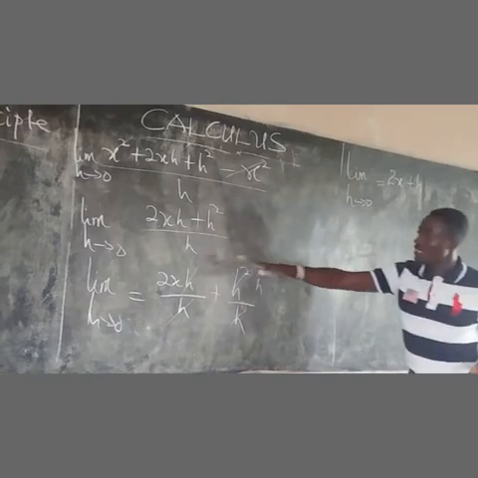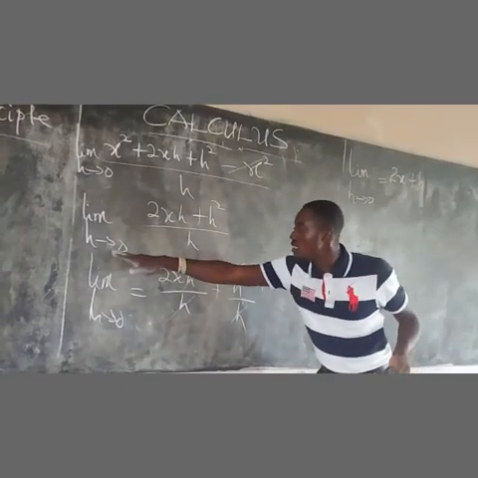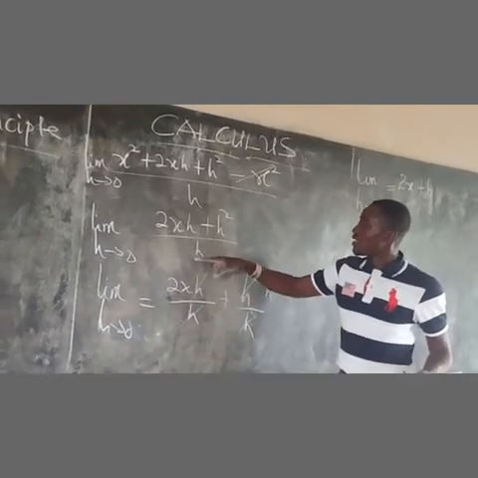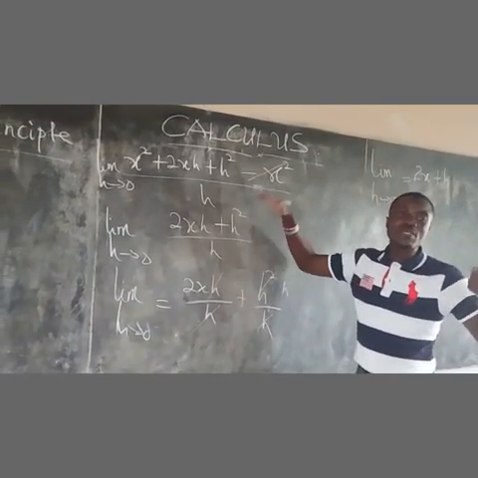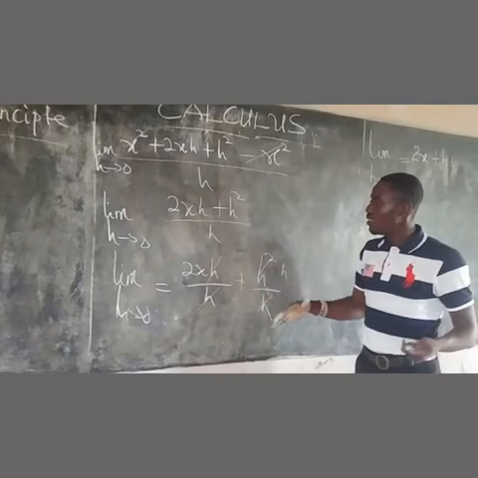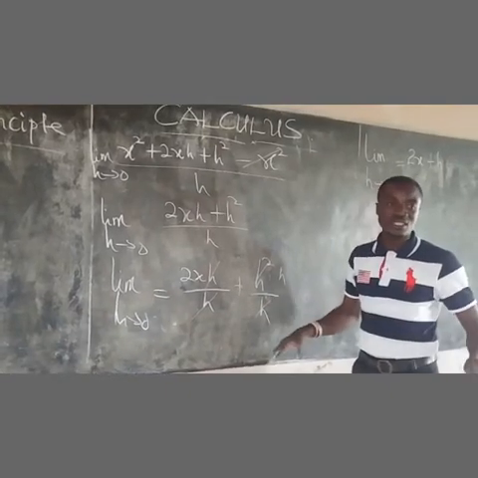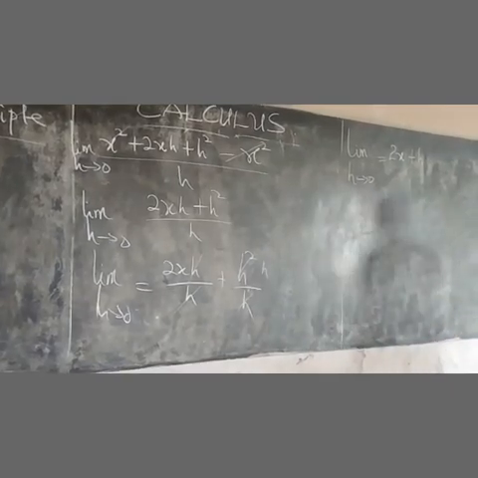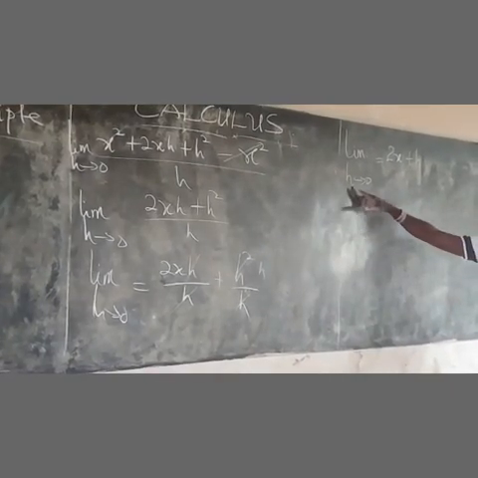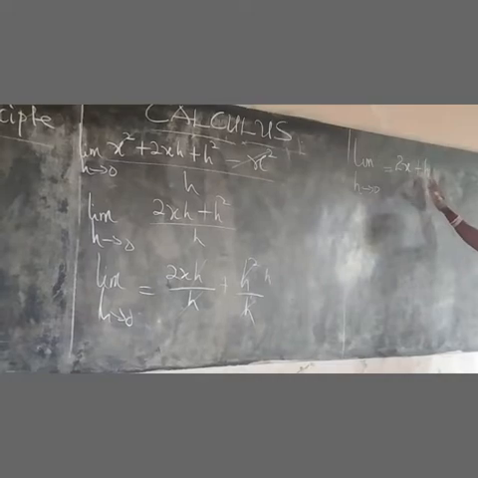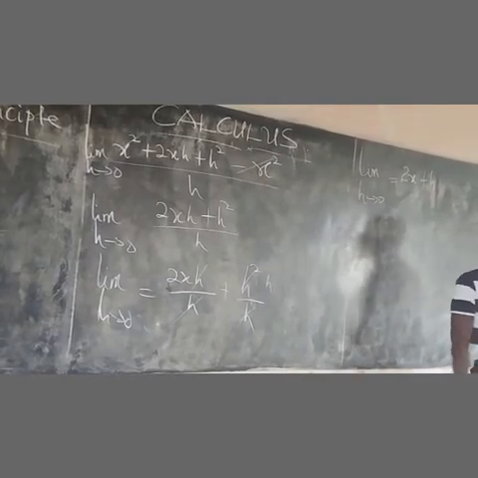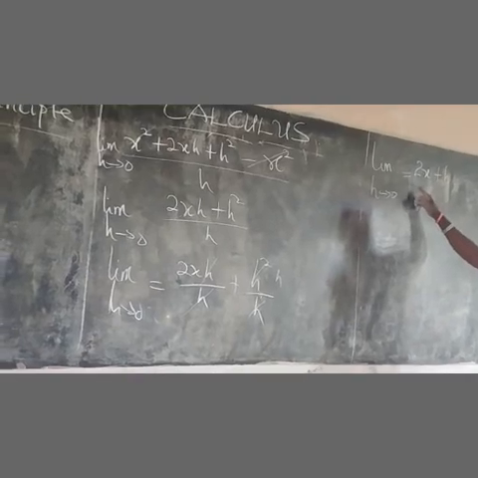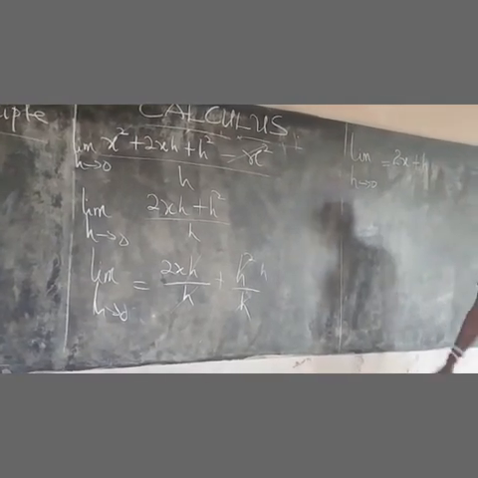But let's say that when we got here, we put h equal to 0 and the function was undefined. At that point, you have to continue to expand or decompose the function, break it down to the level that when you substitute h equal to 0 into the function, the whole function will not be undefined. So over here, you can substitute h equal to 0.